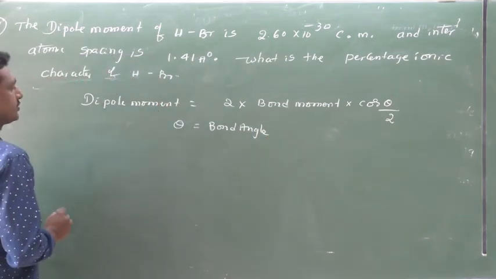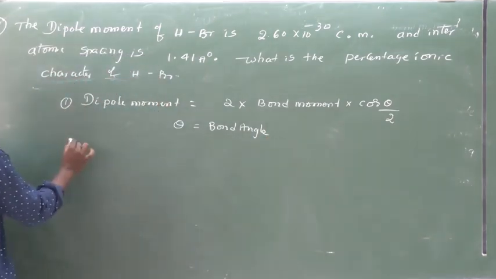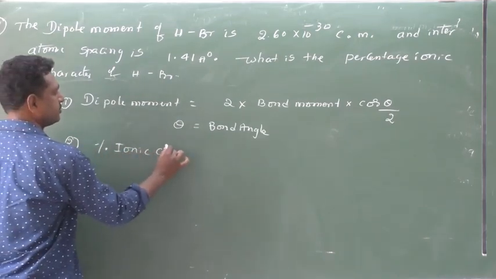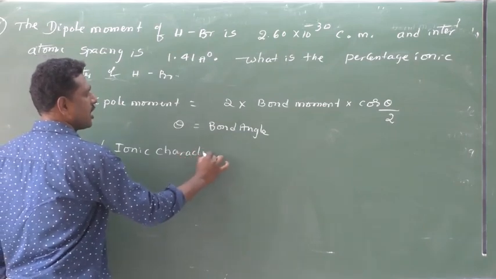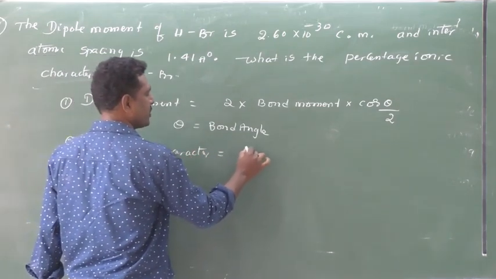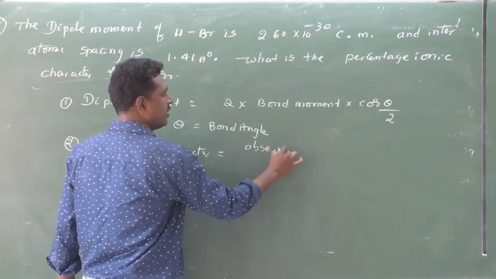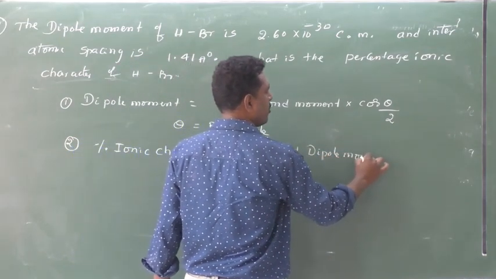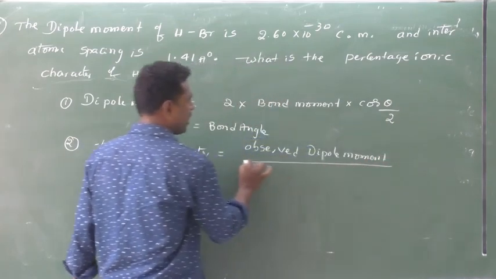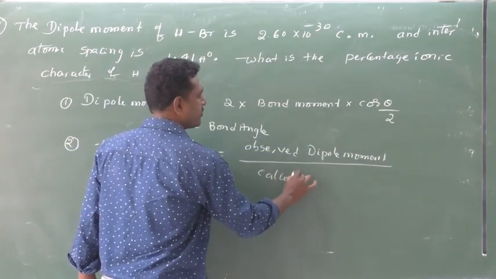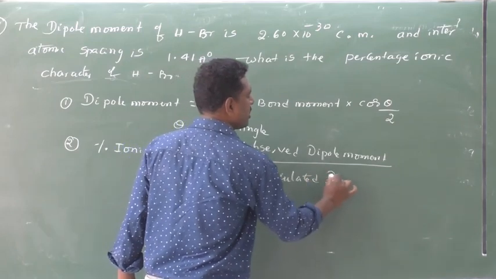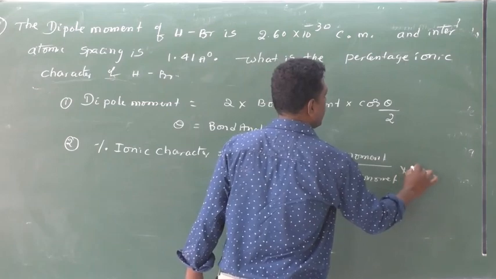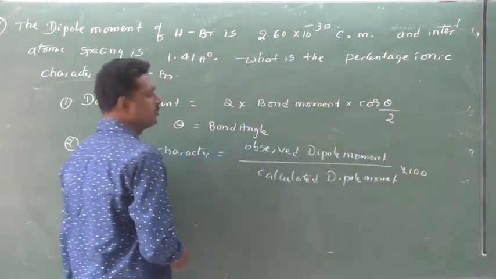After that, the second formula: percentage ionic character equal to observed dipole moment by calculated dipole moment into 100.